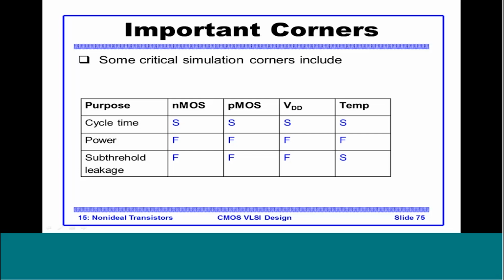Similarly, for subthreshold leakage, the extreme case would be that NMOS and PMOS are faster, VDD is more, but the temperature is on the higher side. As we saw earlier, a higher temperature causes more leakage.